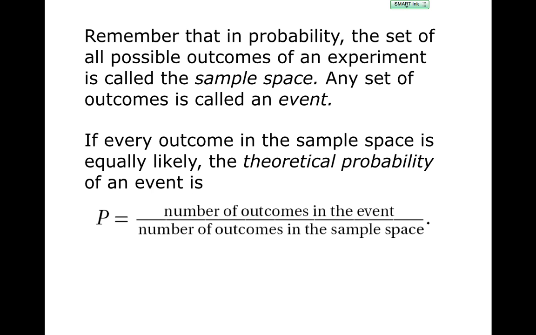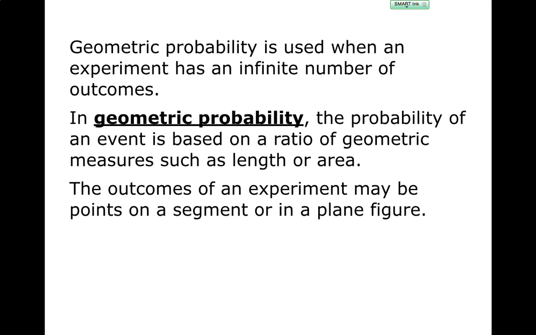And so we're going to be doing the probability based on calculations, like lengths or areas, not on the ability to list all the possibilities and see which ones fit the category. So it's a little bit different type of probability. Geometric probability is used when an experiment has an infinite number of outcomes, like if you cannot list all the possible ways that this could happen.